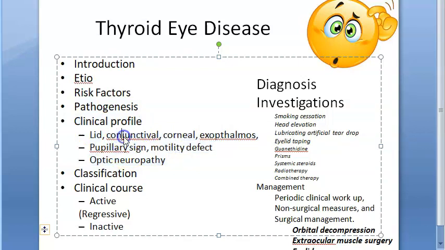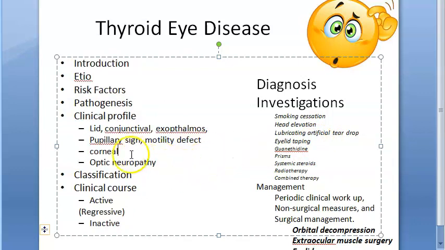Then conjunctival chemosis, something cornea abrasions. This is actually class 5, right? So corneal exposure keratitis becomes class 5 actually. So let's put that in the end only.